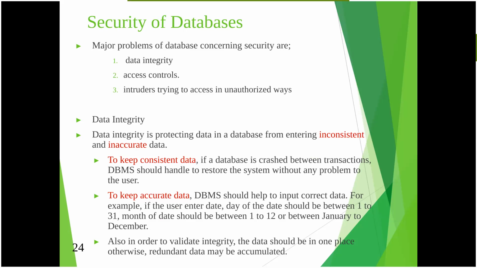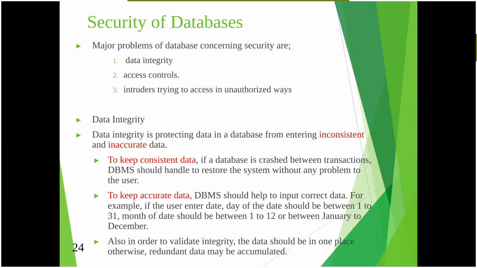If the name is saved in different places and we want to change it, we have to change it in every place. If the data is available in two places, we have to change it in two places.